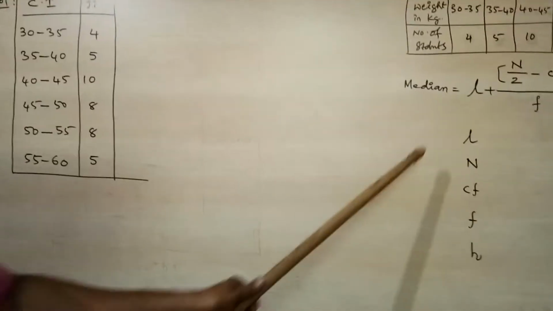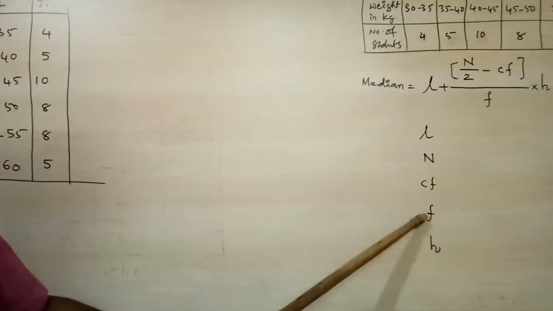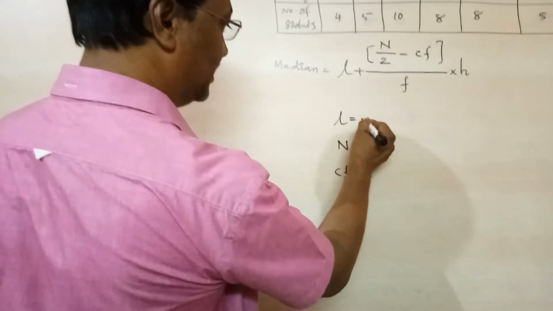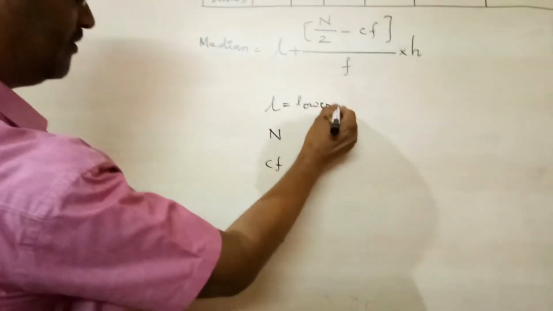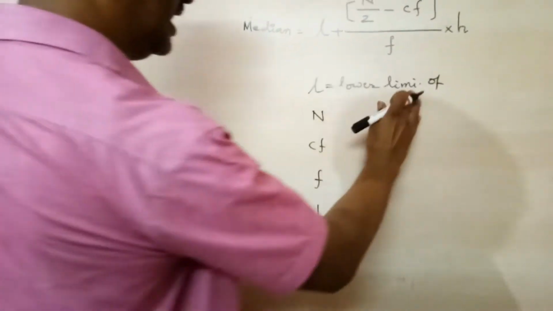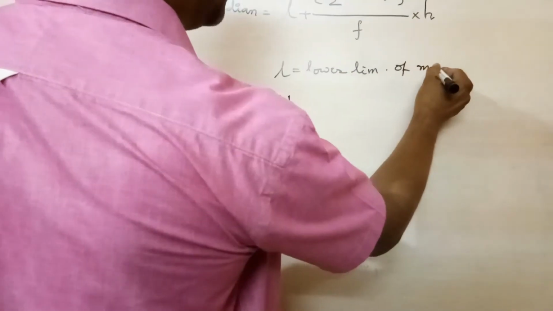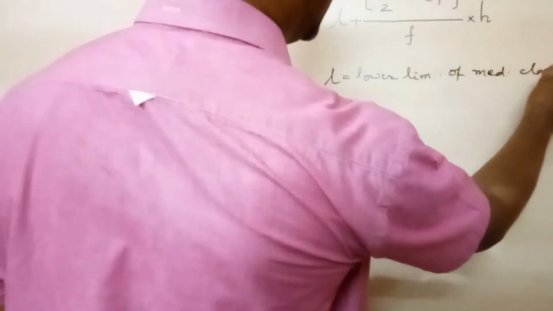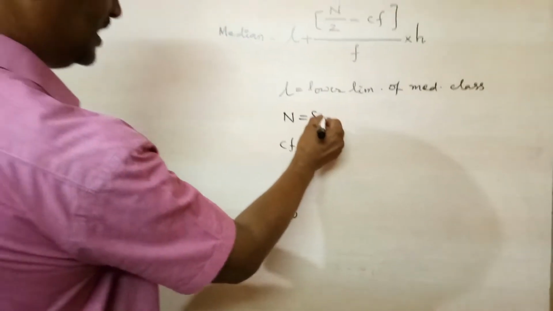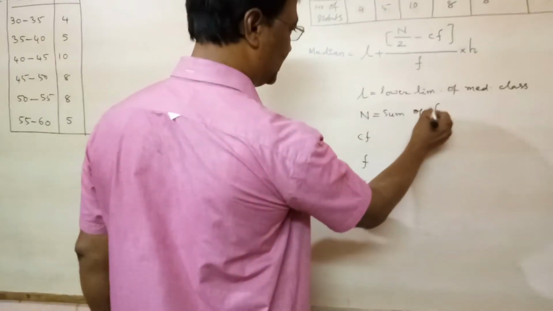Now we have to get L, N, CF, f, h. Here L means the lower limit of the median class. The median class is required. N means the sum of frequencies.